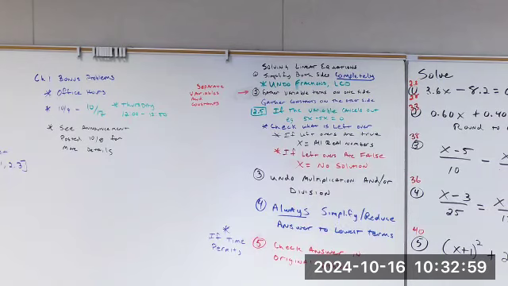Another reason why I want to make sure I do these is that in the back of the book, the answers to number 28 and number 33 are given as fractions, which is kind of like dirty pool. They give the problem in decimals, and then they want you to turn it into a fraction. Well, that's fine, and honestly, you should be able to handle that.